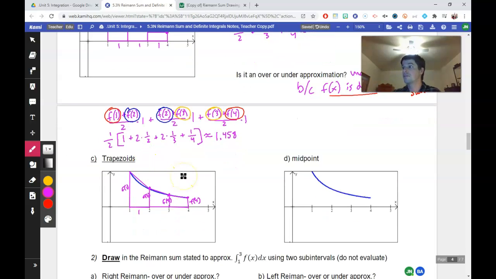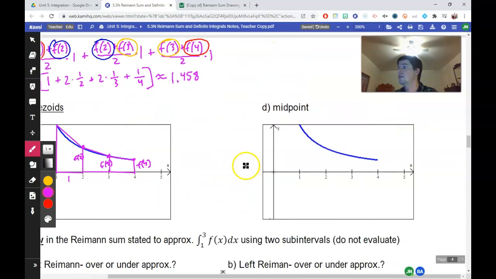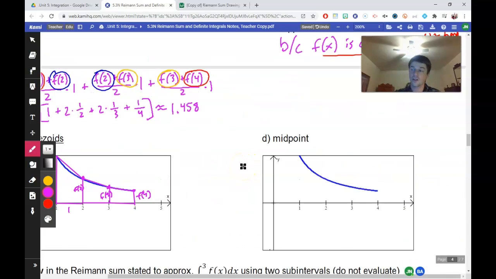For the midpoint right here, what we need to do is I'm going to zoom in just a smidge here, just a little bit more. We need to find the midpoint first, and so the midpoint of 1 and 2 is going to be 1.5. The midpoint of 2 and 3 is going to be 2.5, and the midpoint of 3 and 4 is going to be 3.5.